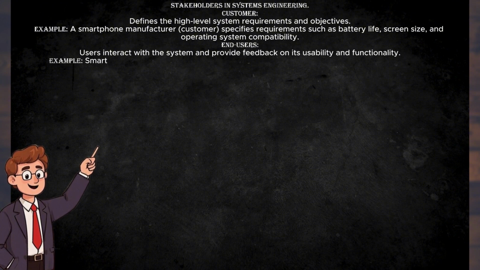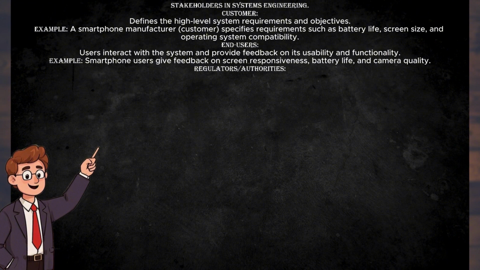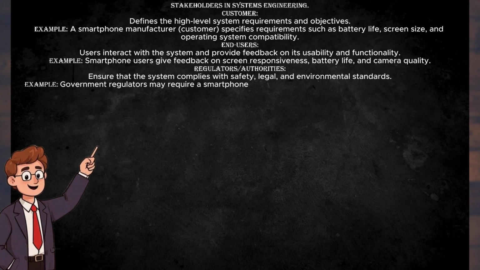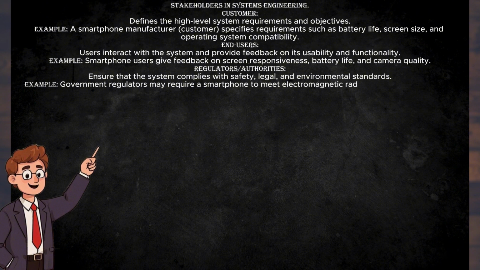Example, smartphone users give feedback on screen responsiveness, battery life, and camera quality. Regulators, authorities, ensure that the system complies with safety, legal, and environmental standards. Example, government regulators may require a smartphone to meet electromagnetic radiation standards to ensure user safety.